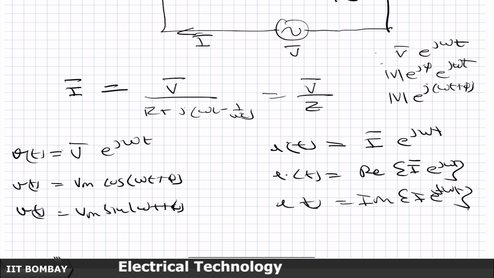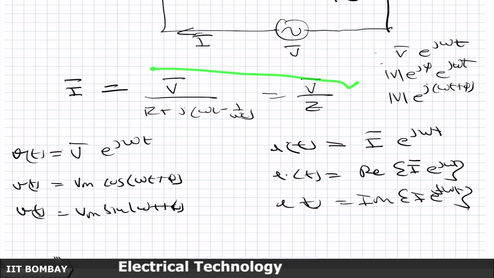So, once you have got the response to the complex exponential, you can get the response to simple functions like Vm cos of omega t plus phi or Vm sin of omega t plus phi by just looking at the response's real part or imaginary part.